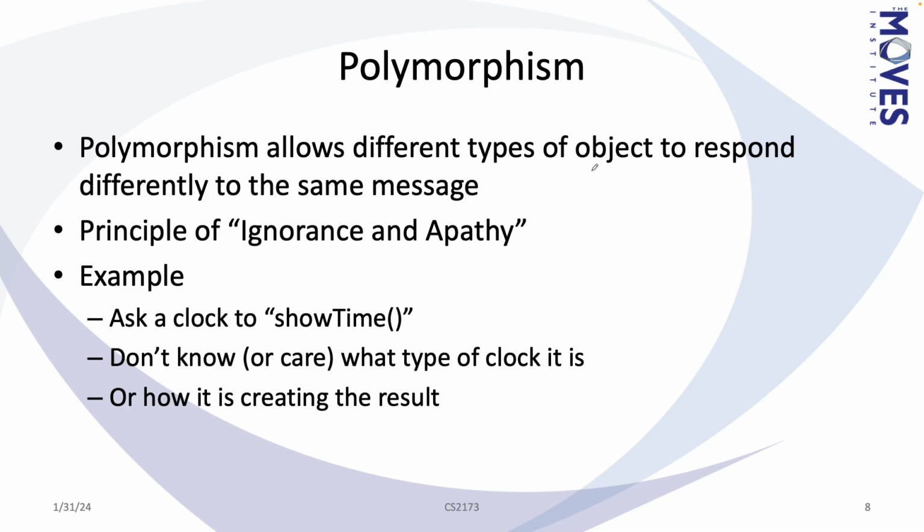In other words, I need to do surgery on both components in order to improve the clock component that I have here. Whereas with polymorphism, ignorance and apathy, I don't know or care what this is. I can use the clunky clock while I'm developing over here, and then when I get the better one, I can just plug it in and I don't have to touch this other one.